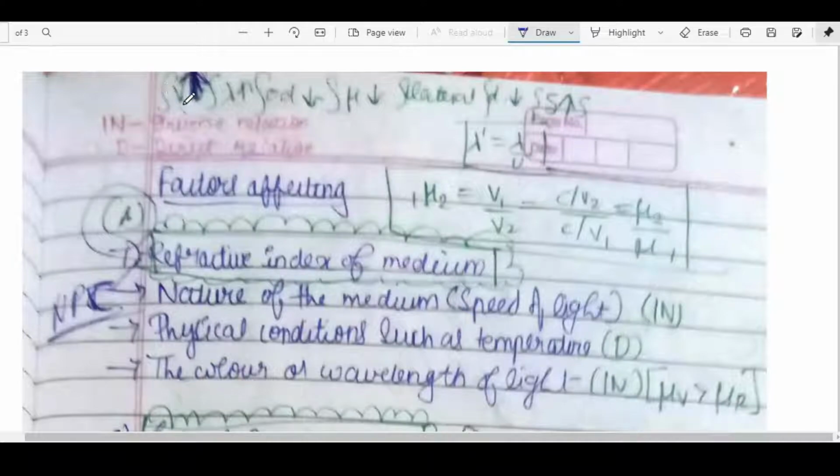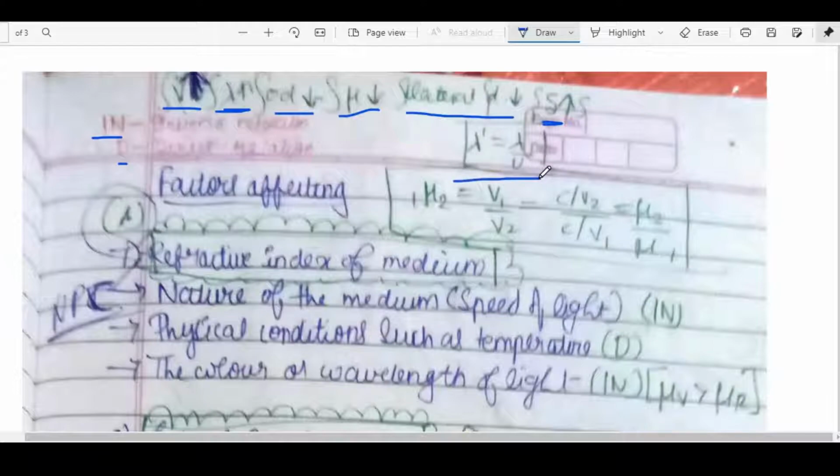If velocity increases, it means the wavelength is more, optical density is less, refractive index is less, lateral displacement is also less, and deviation will be more. IN stands for inverse relation here, and D stands for direct relation. Lambda dash is equal to lambda upon mu.